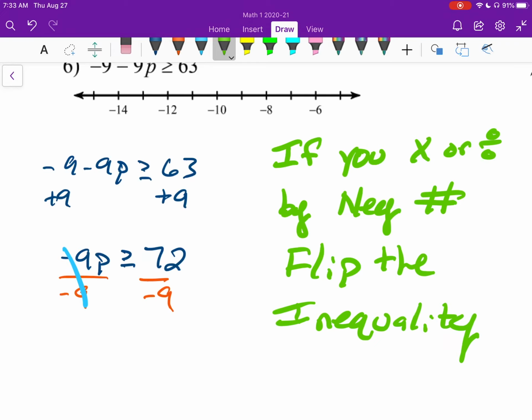Okay. Now what I mean there is here's my inequality. It's going to end up being like this. Okay. The alligator is going to eat the other side. So we still have our p on the left, and 72 divided by negative 9, I'm believing, is negative 8.